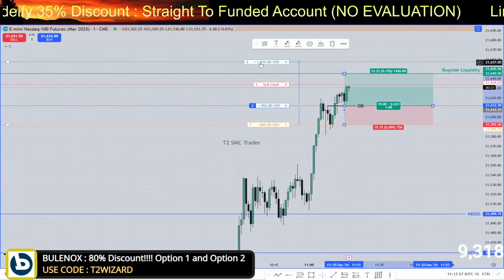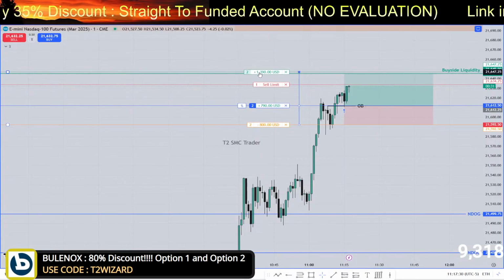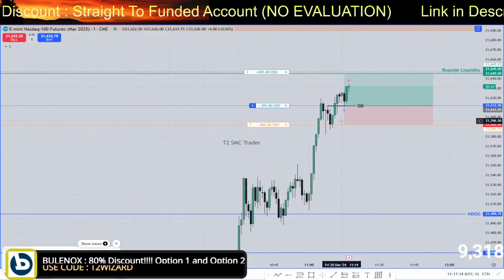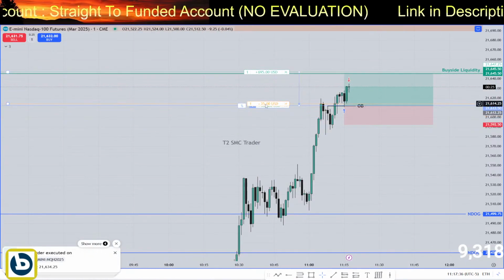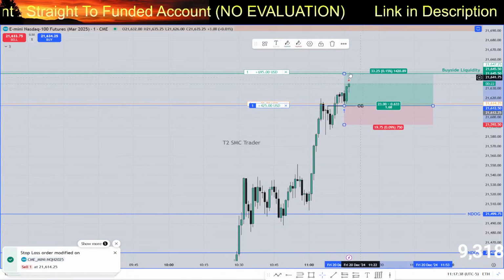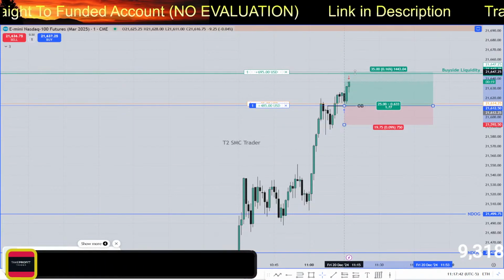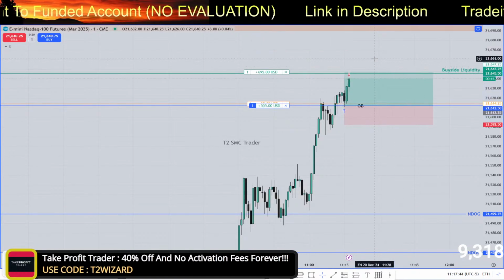Then I'll hold it until this area, maybe one tick above that one. So I take the partial, put my stop loss to break even. Now I want to see if it can provide me the extreme profit, 35 handle, or not.